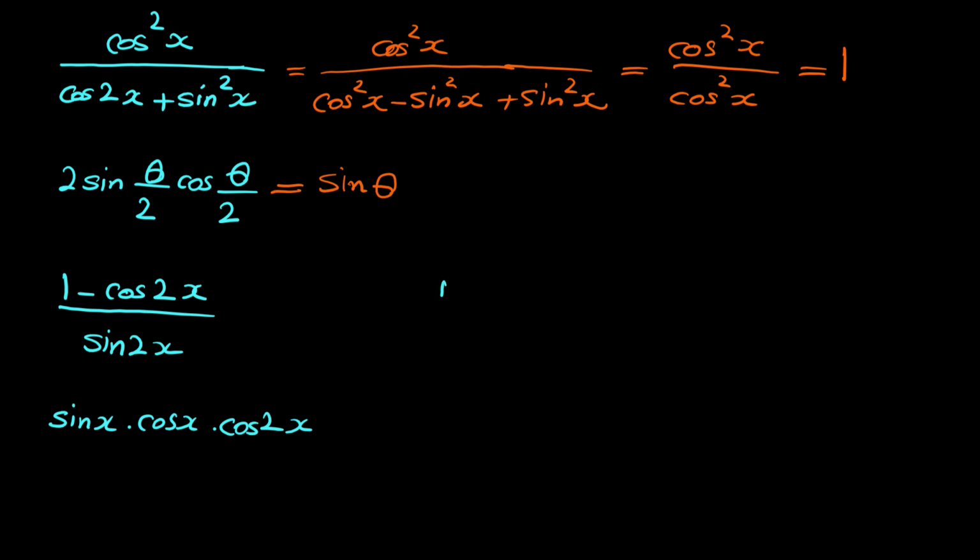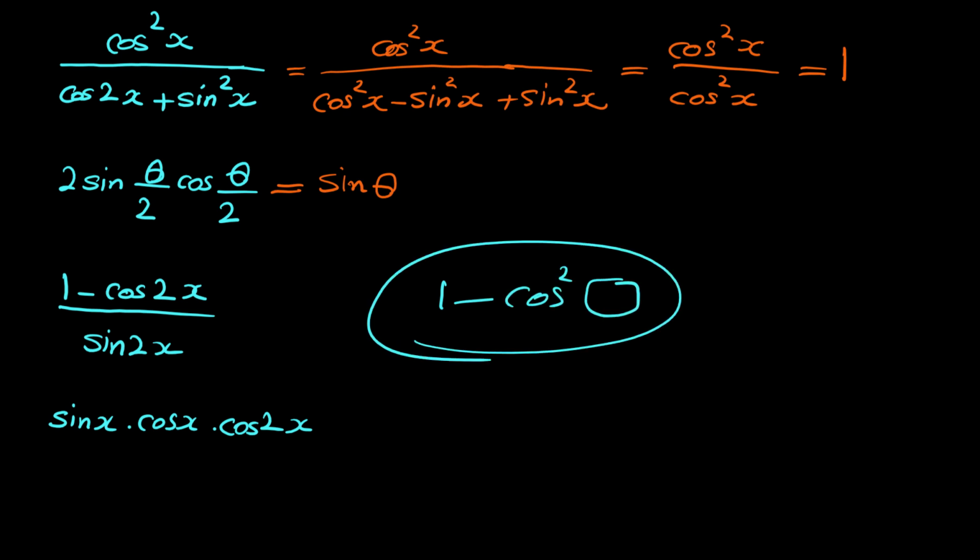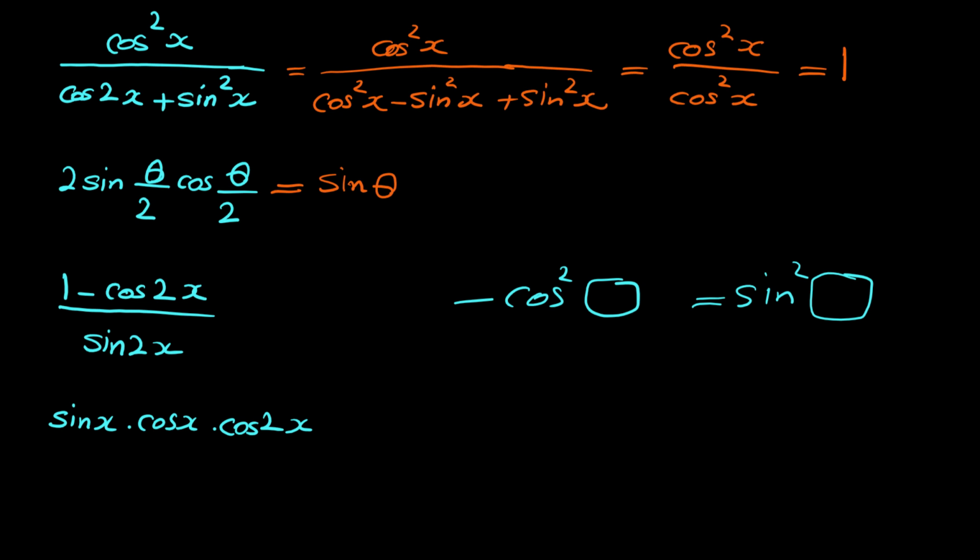If in numerator we have 1 minus cosine to the 2 of an angle, then we could say, based on the Pythagorean identity, this is sine to the 2. But we have only 1 minus cosine, not cosine to the 2. So we don't have a direct formula from basic trigonometric identities to simplify this.